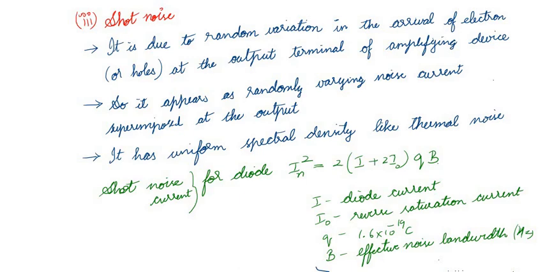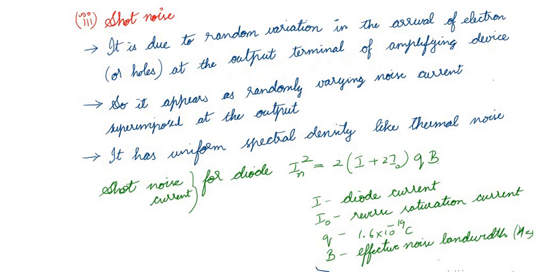Next we move into something called shot noise. What is shot noise? It is due to the random variation in the arrival of electrons or holes at the output terminals of an amplifying device. Different electrons or holes arrive at different instants of time, and this creates a shot-like sound. When you roll iron balls on a metal plate, you get a similar shot sound.